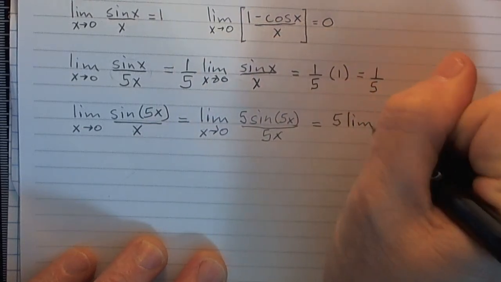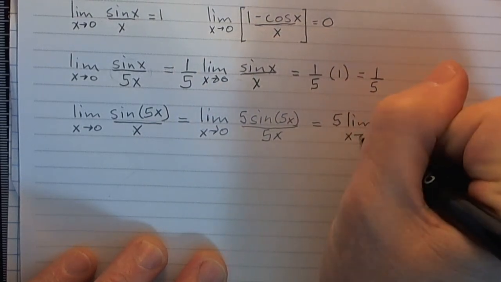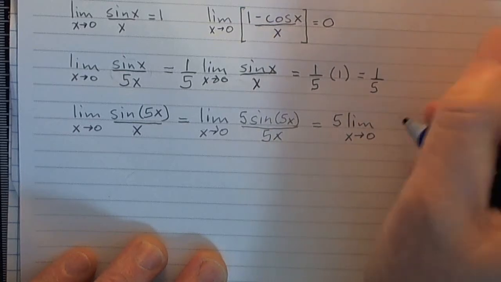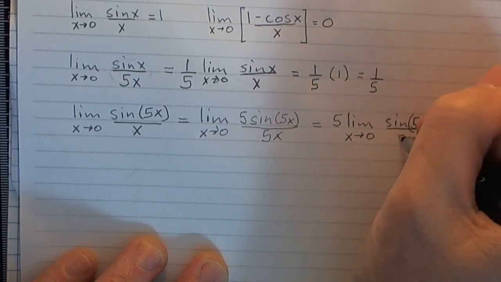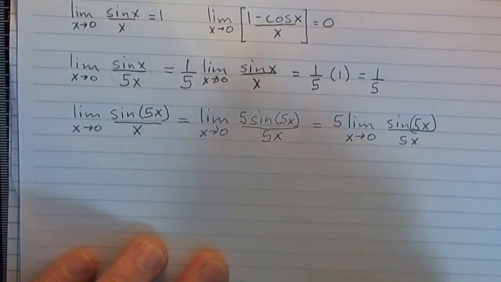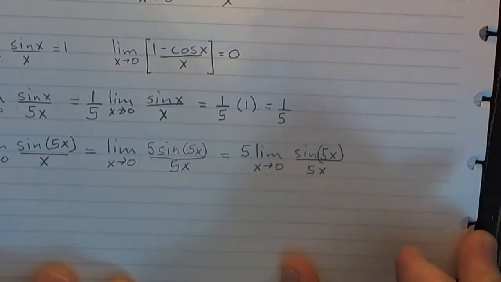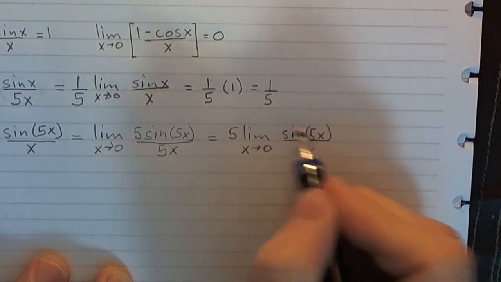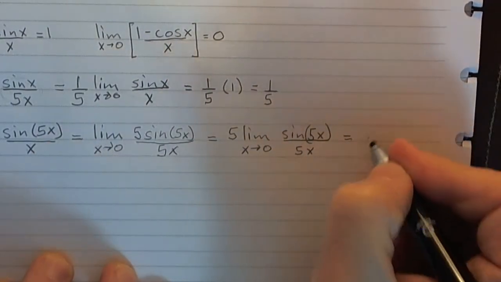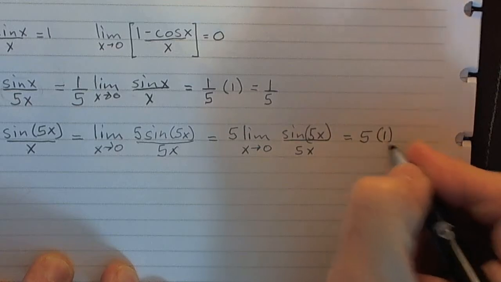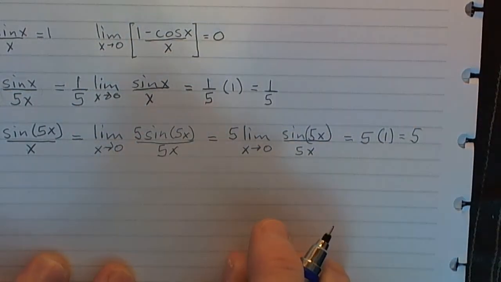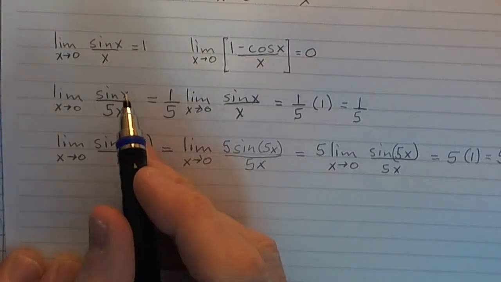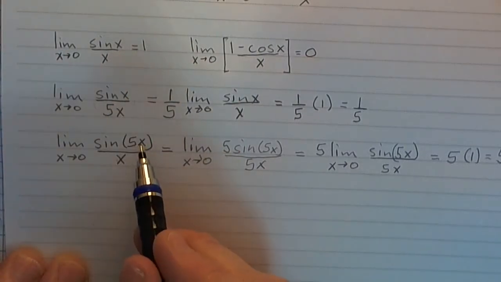And now dig what I have: 5 times the limit as x goes to 0 of sine 5x over 5x. Well, this limit here is 1. So what I've got now is 5 times 1, which is 5. So that limit is 5. So notice, this limit up here was 1/5. This limit down here was 5.